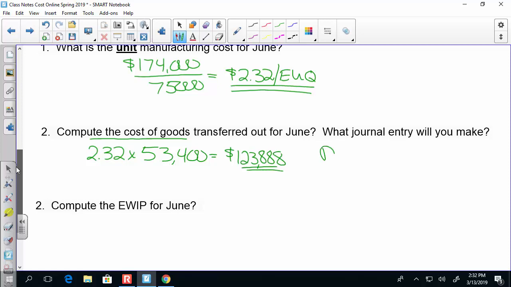The journal entry would be a debit to the next WIP department or finished goods and a credit for this department. Let's just put department B. The prior department was A, for the 123,888.